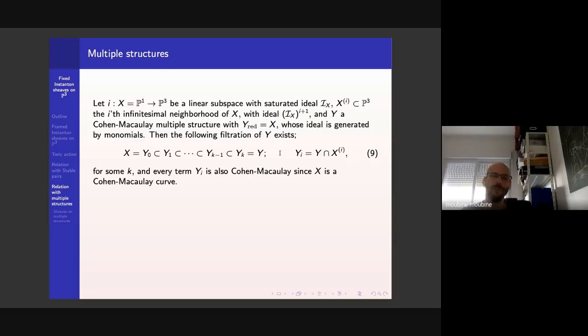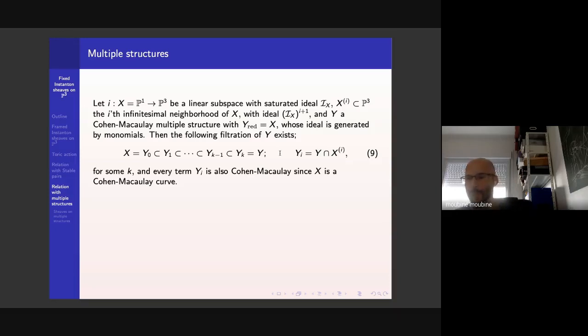So the motivation of studying these things was first to study the relationship between having a representation of the Heisenberg algebra also in this case.